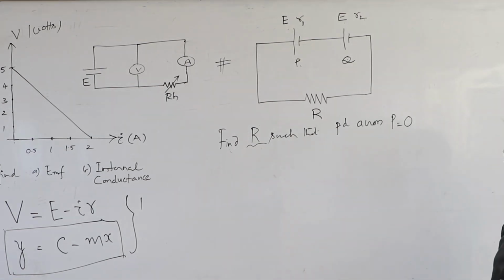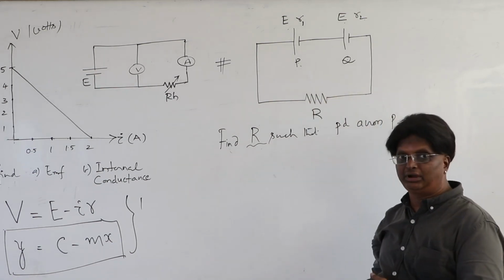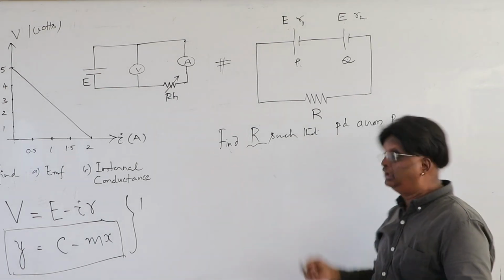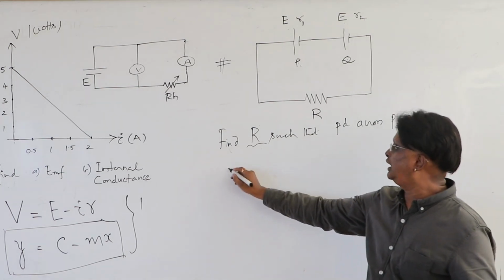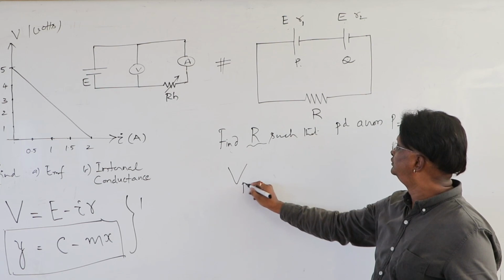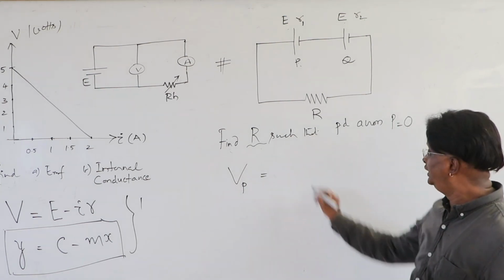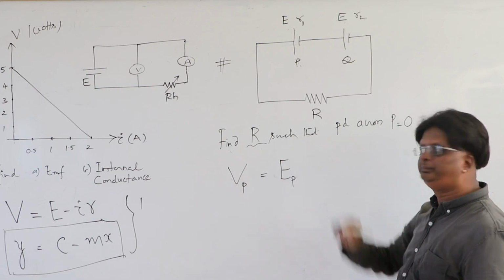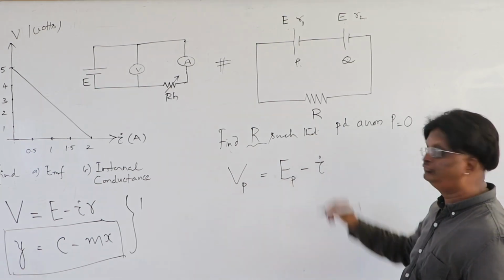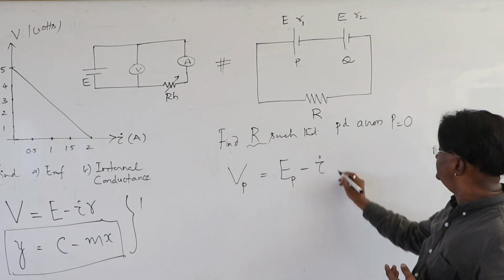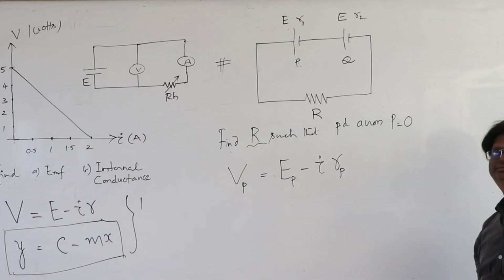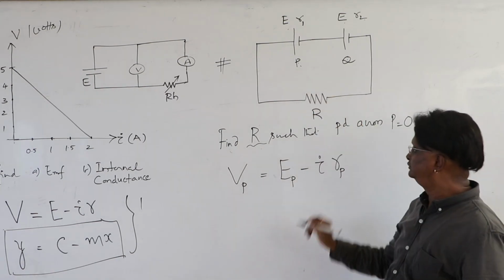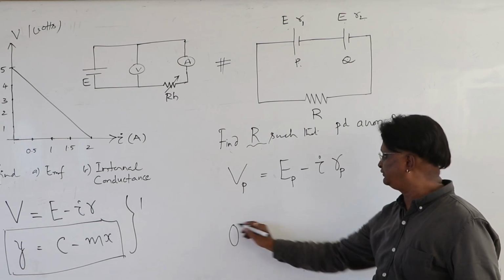Now look here. It's all in a closed circuit, therefore the PD across P is nothing but the terminal voltage across P. If it is PD across Q, it is the terminal voltage across Q. Therefore, we are using V across P is nothing but E of P minus I, which is the current drawn and current in the circuit, times R of P, because we are calculating PD across P. Now according to the example, this is going to be 0.